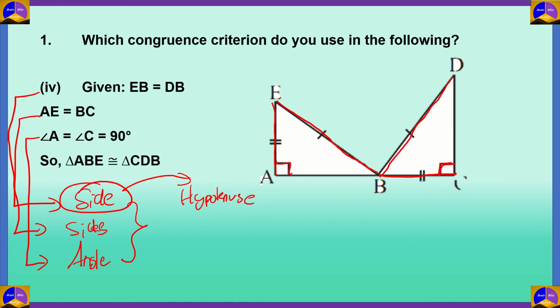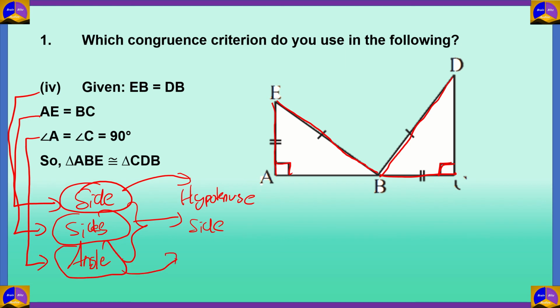Now AE is equal to BC. AE and BC are sides of the triangle, two different sides, perpendicular and base, one of them. So they form the side. And then we have the angle.